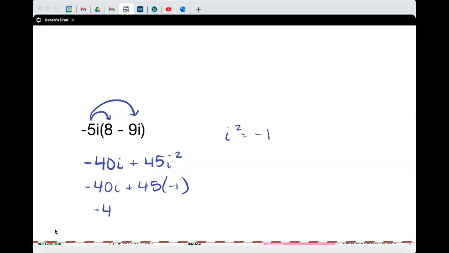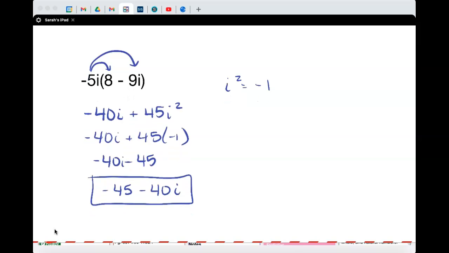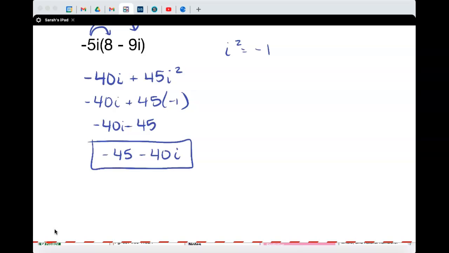-40i minus, oh gosh, forgot the i. And then if I write it in standard form, technically the real part's first, and then the imaginary part, so it should be -45 minus 40i. Just flip them around. Not too shabby. We know how to distribute.